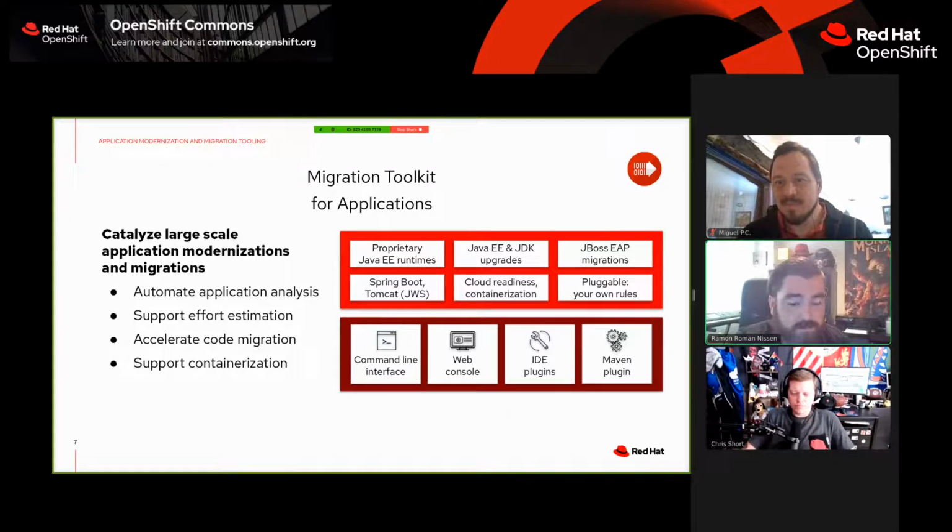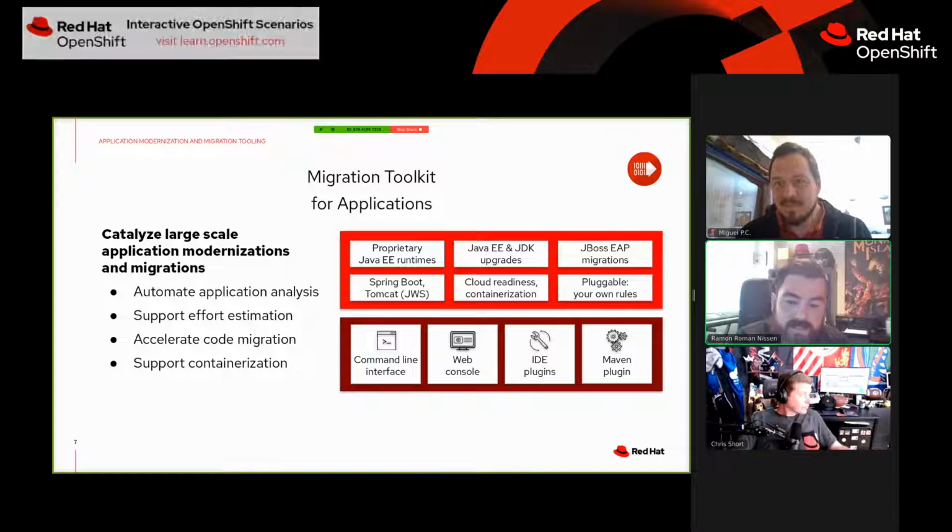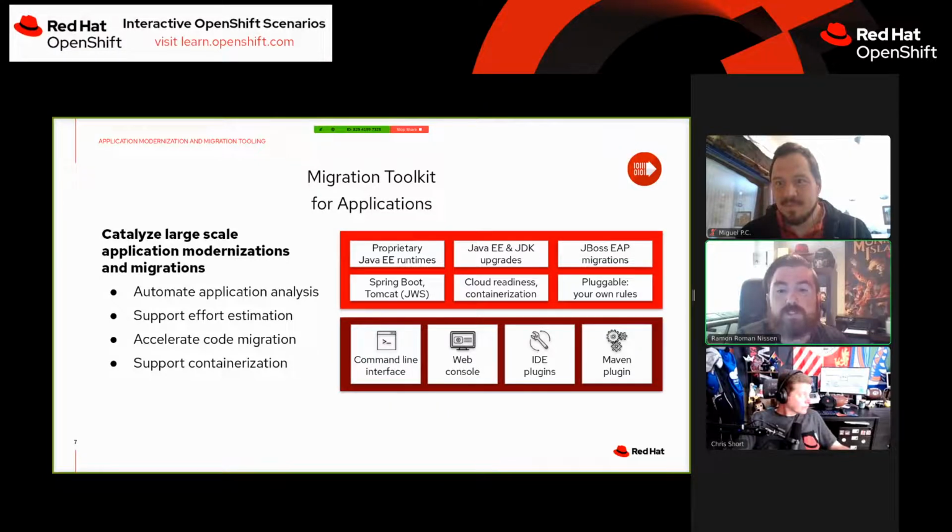But well, the tool is not only for EAP. I mean, there's this other case. We had a big retail customer that wanted to move away from Mesosphere DCOS to OpenShift, and they had their applications already containerized, and they were using Spring Boot, but they were using Oracle JDK. So they were interested in moving into OpenShift and starting to use OpenJDK at the same time.